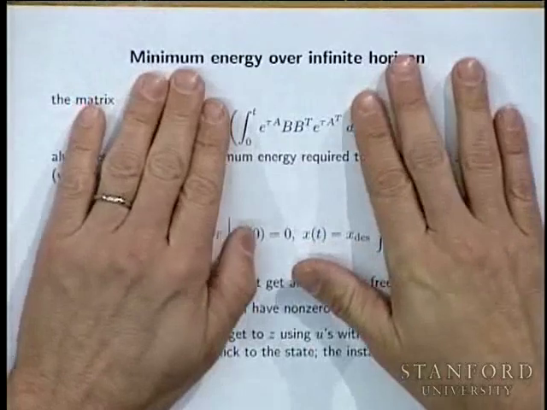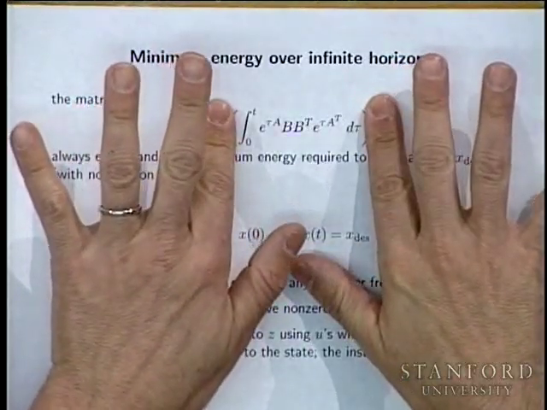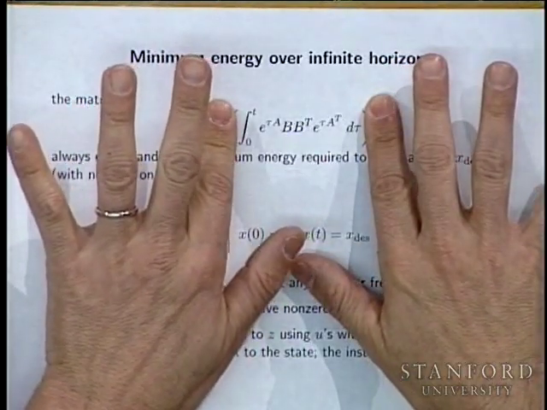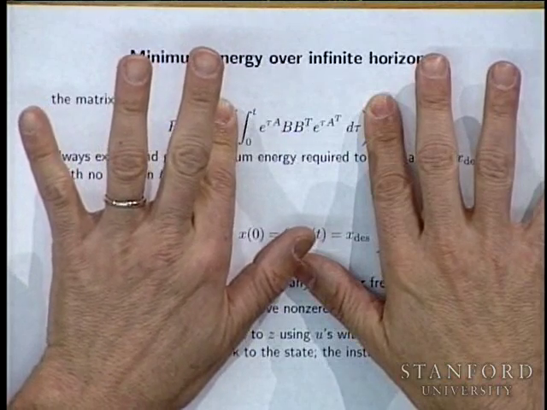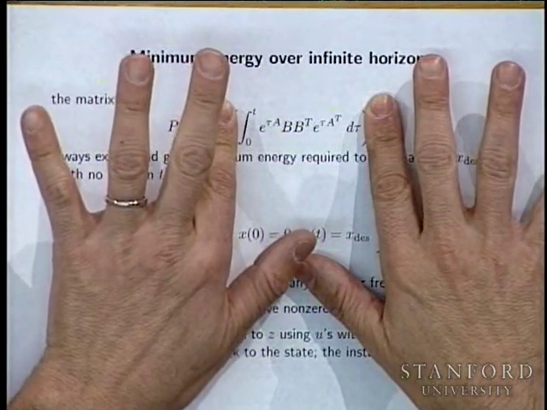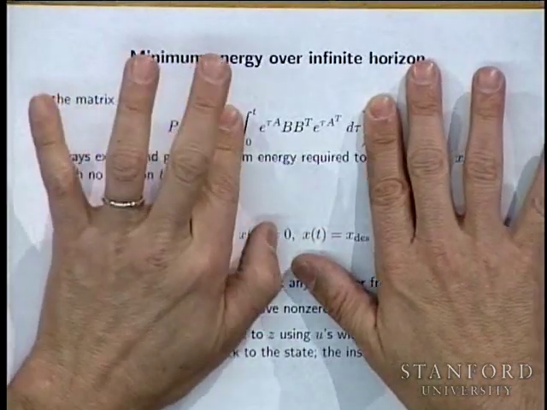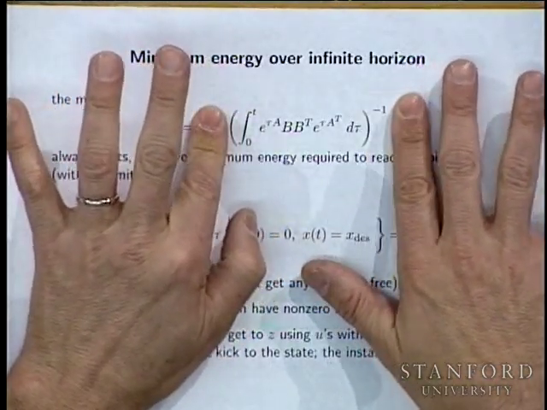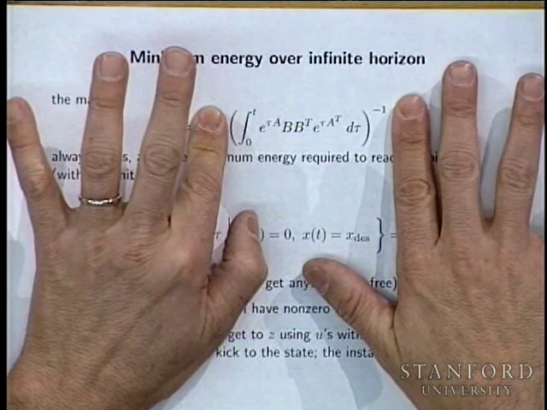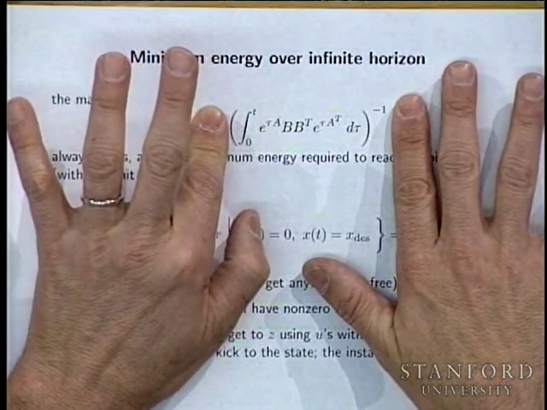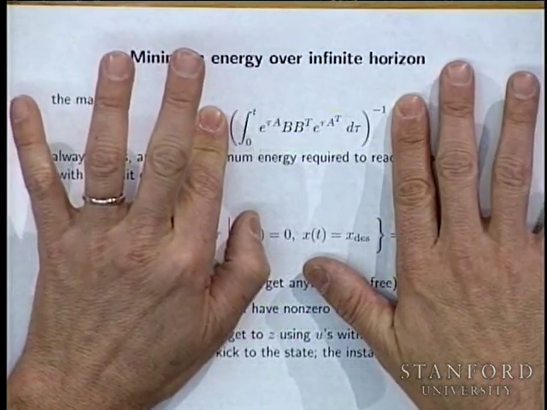The same story happens. I have an integral of positive semi-definite matrices here. If I increase the time t that you are allowed to use to hit a target, this matrix goes up, this one goes down, and that's the quadratic form that gives you the minimum energy. So you have the same result again.